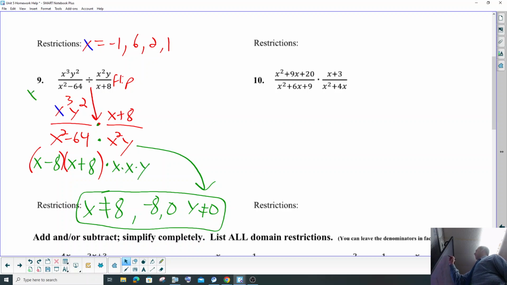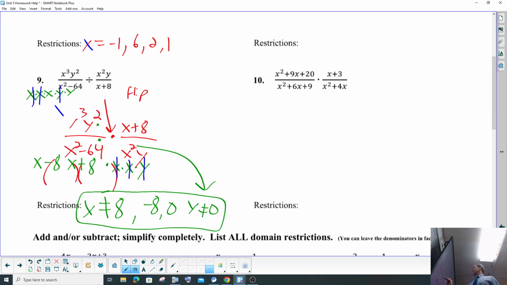Up here we have 3 x's being multiplied together and 2 y's. So that means 2 of the x's are going to cancel, and 1 of the y's is going to cancel. And then we have an x, it's also going to cancel.